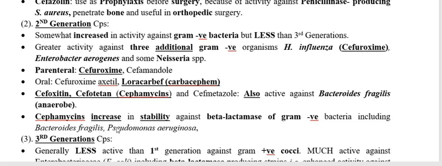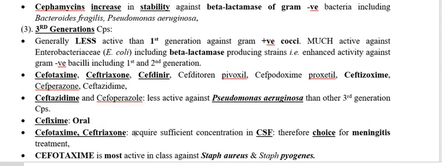For Bacteroides fragilis and Pseudomonas aeruginosa, the drugs of the second generation are the cephamycins, only two, cefoxitin and cefotetan, that we earlier discussed. So cefoxitin and cefotetan are used for therapy of Bacteroides fragilis and Pseudomonas aeruginosa. Now we have to go through the third generation cephalosporin.